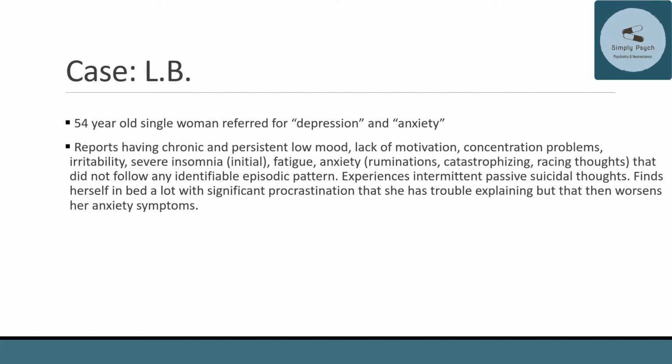She reports chronic and persistent low mood, lack of motivation, concentration problems, irritability, severe insomnia of the initial type, fatigue, and anxiety. She was often ruminating and catastrophizing. She had racing thoughts that did not follow any pattern at all. She couldn't identify any sort of episodic pattern. She experiences intermittent passive suicidal thoughts.